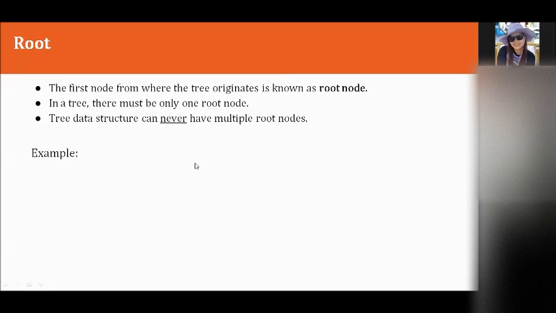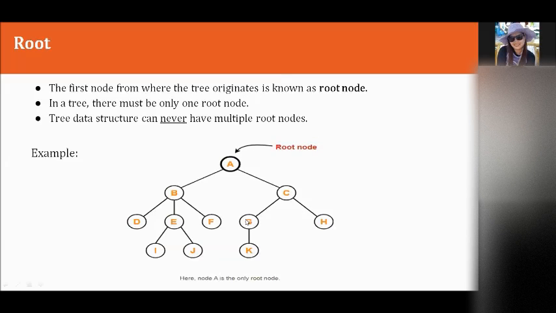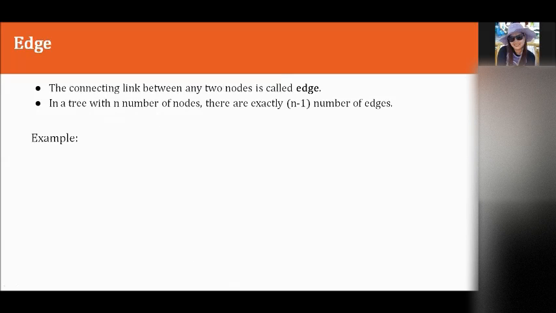In a tree, there must be only one root node. The tree data structure can never have multiple root nodes. So for example, if you will see, the letter A is the root node. Okay, so we have the other letters. We will discuss that later.